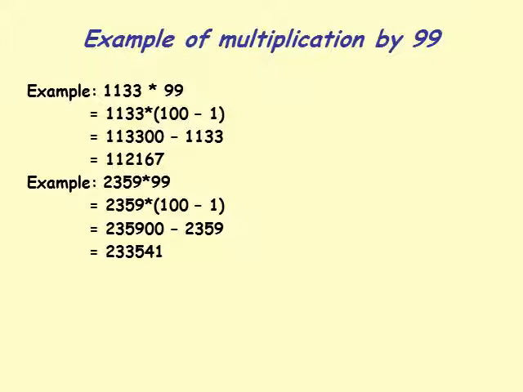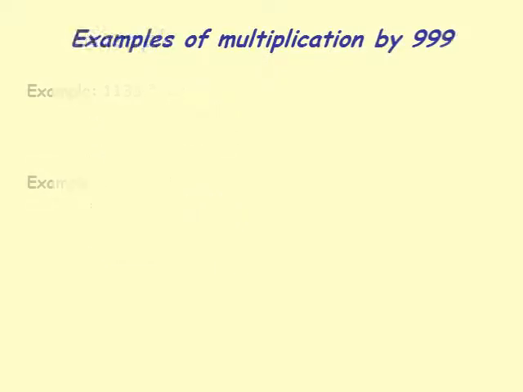Let us continue. Now we'll do some examples of multiplication by 999. Example: 39617 times 999. We would complete 1000 out of 999, and we will replace 999 by (1000 minus 1).